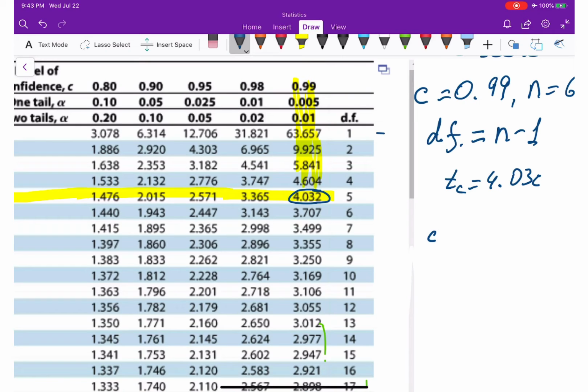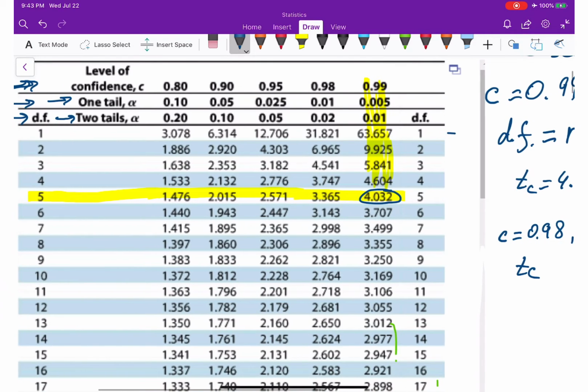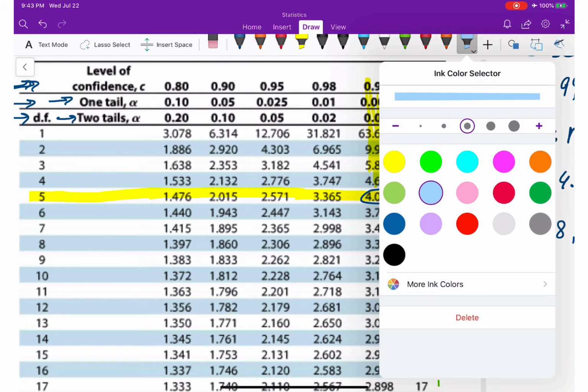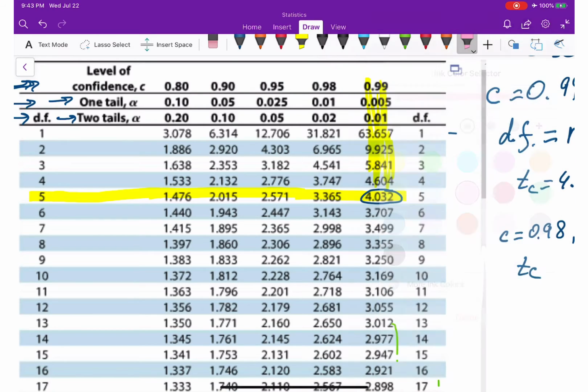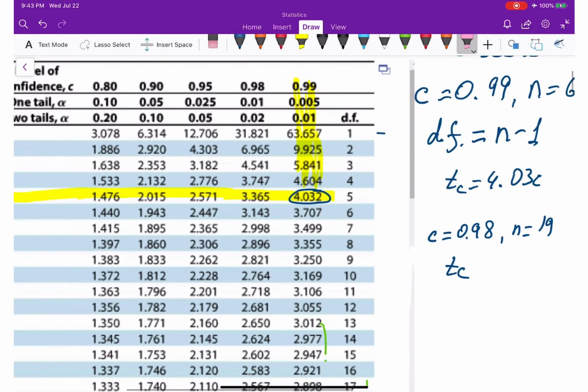All right, next one. Confidence level is equal to 0.98, sample size is given 19. To find T critical, first we need to find confidence level 0.98. Here it is.